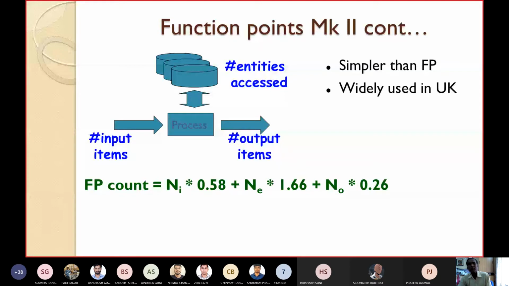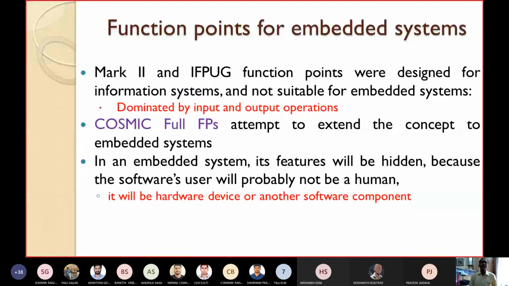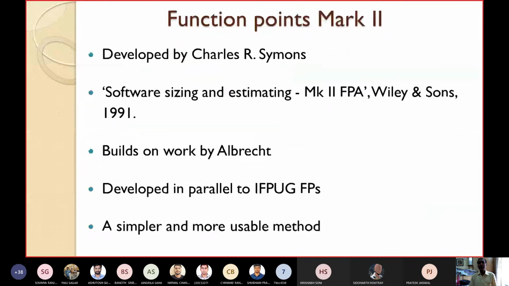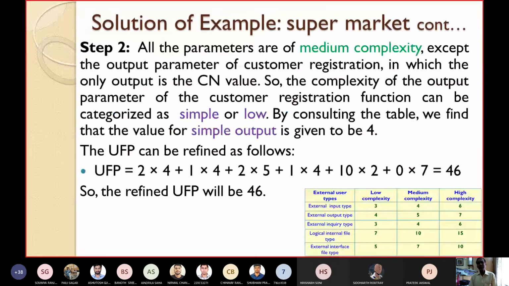Then let's say a little bit about function points for embedded systems. Mark II and IFPUG function points that we have just discussed are designed for information systems, like student information systems and employee information systems, and they are not suitable for embedded systems. In the Albrecht method they are dominated by the number of inputs and the number of outputs, because normally their values are large.